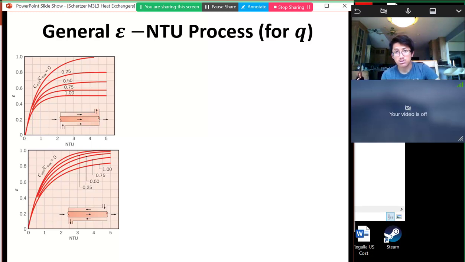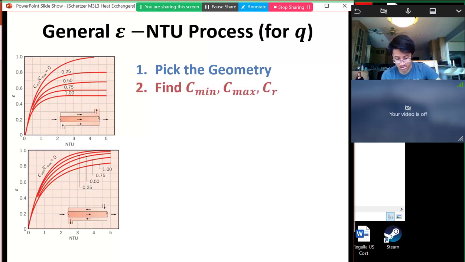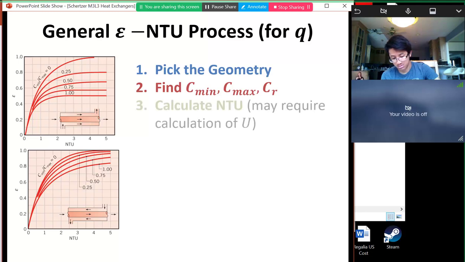So the process, if we're trying to find how much heat our heat exchanger is going to transfer, then we want to pick the geometry. We want to find all of our big C's, so big C min, big C max, and then the ratio of the two. We'll calculate NTU by the definition, so that's going to be UA over C min.